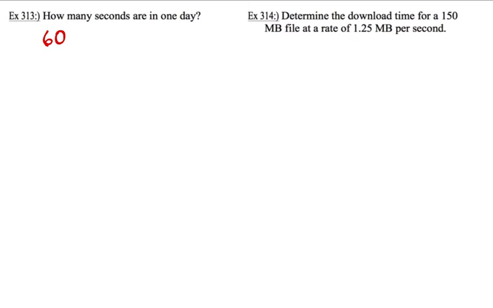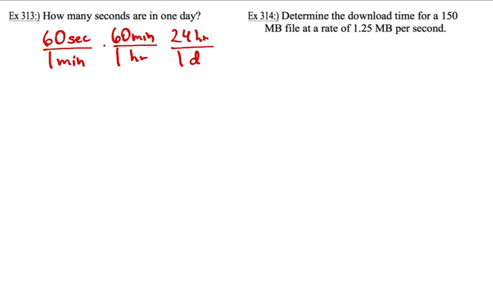We know there's 60 seconds in 1 minute. We know that there are 60 minutes in 1 hour, and there are 24 hours in 1 day. And this allows us to get rid of hours, get rid of minutes. We'll end up with seconds per day as our units. You multiply this all out, you get 86,400 seconds per day.